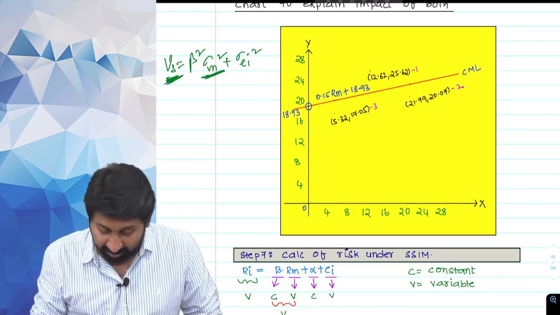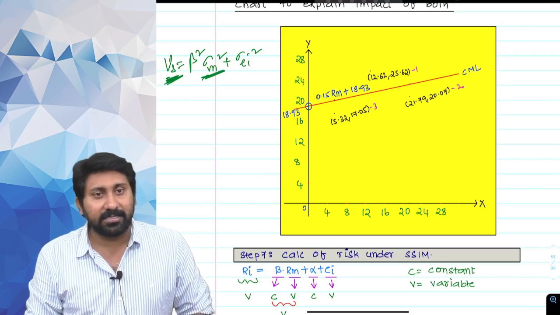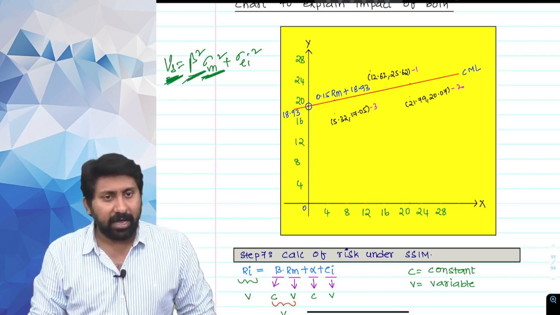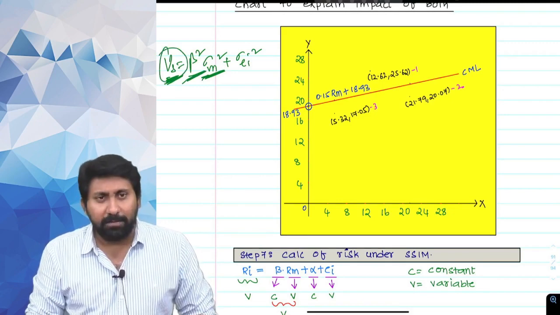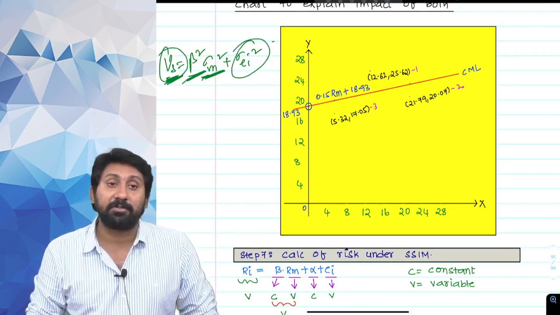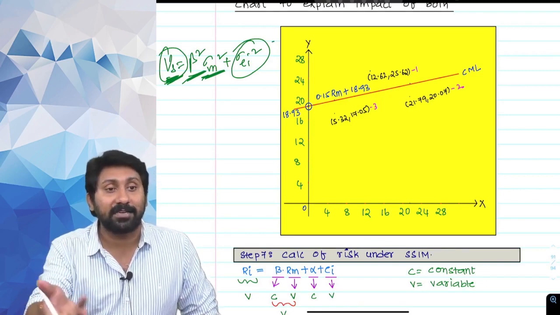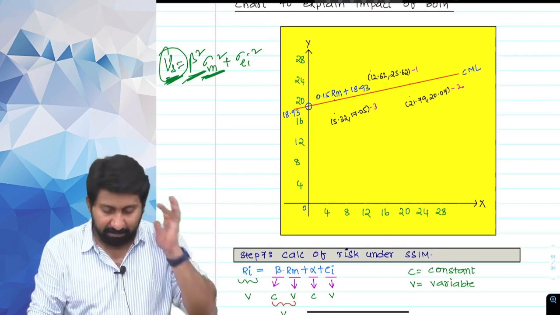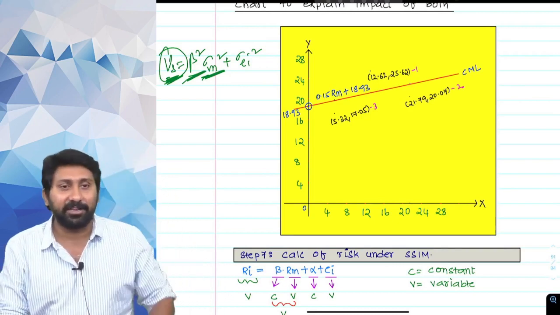Because the market varies. How much does the security vary? Beta times the market. Does that mean the variance is only because of the market? No. In the company, there may be other factors which will influence me. That's the total risk. Instead of risk, we call it variance here. Nothing beyond that, so don't see this as an alien story.